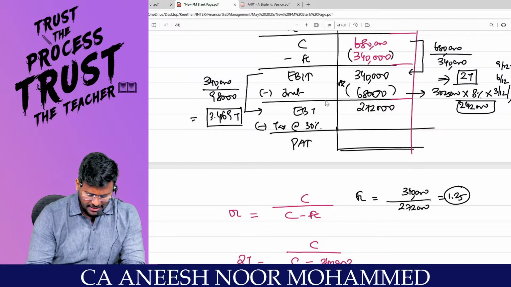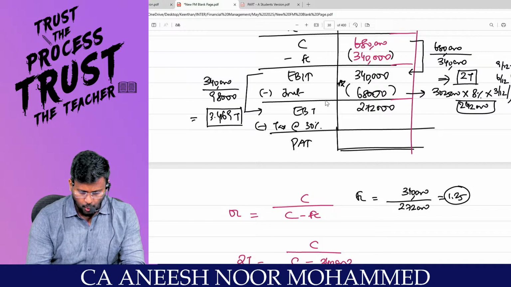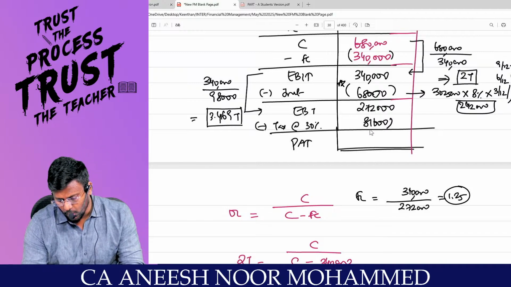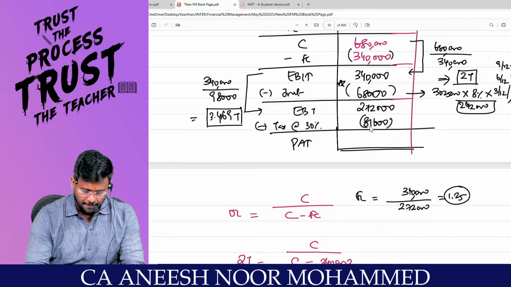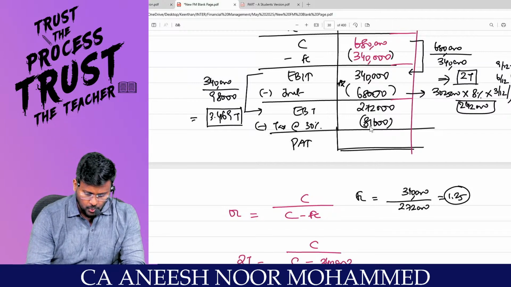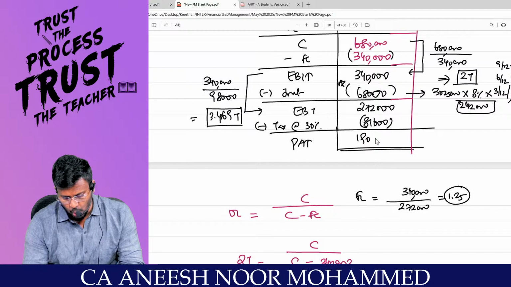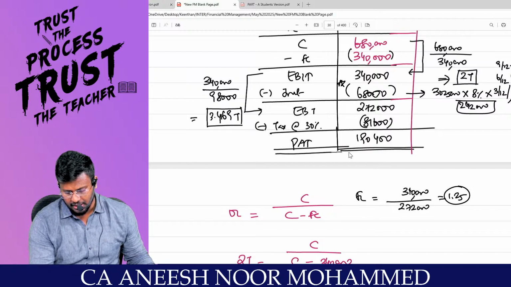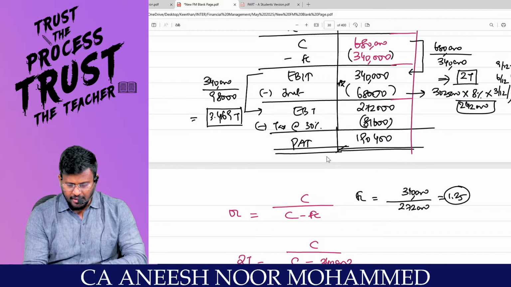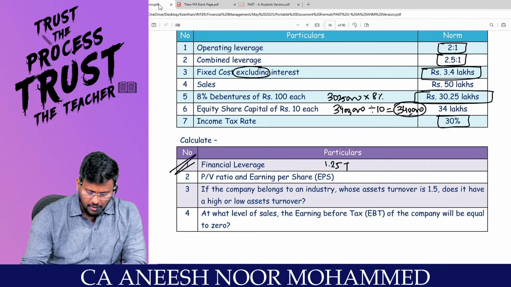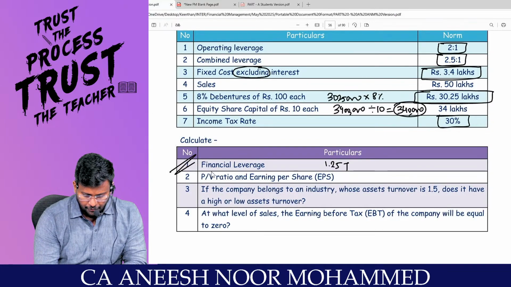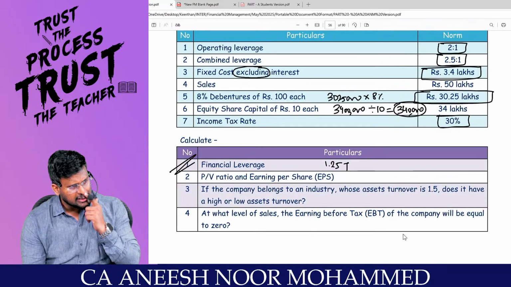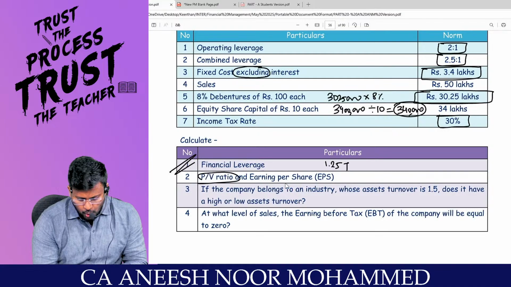So on 2,72,000, if I find out 30%, 81,600 I will pay as tax. From the 2,72,000, if 81,600 goes, it means 1,90,400 is the profit after tax. Comfortable? So my dear lovable students, what do they want in the first question? Sir, PV, financial leverage. Have you found out financial leverage? Yes, sir. They want PV ratio and EPS.